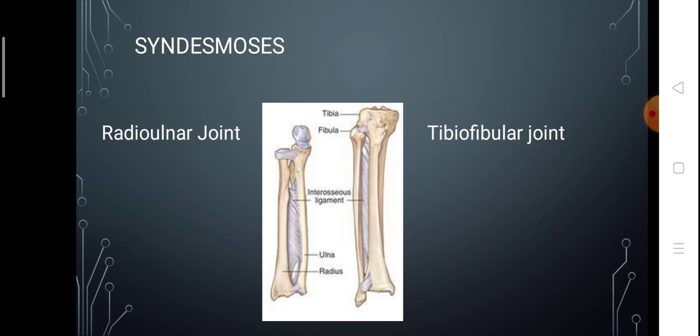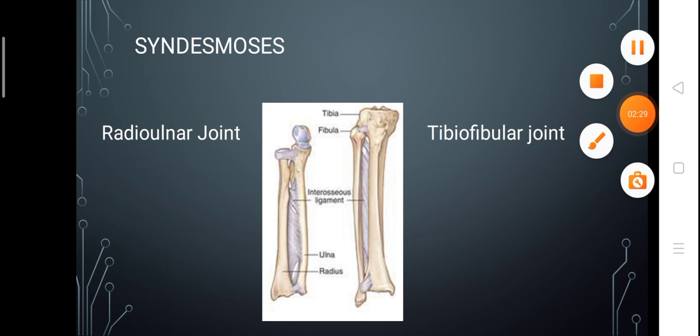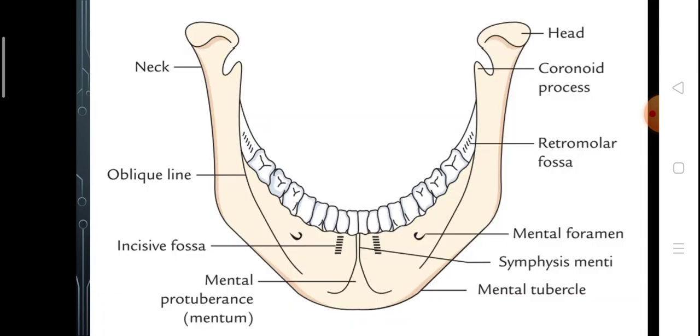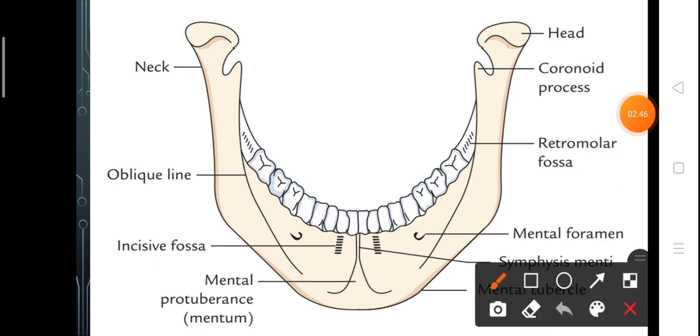Here you have examples like radioulnar joint and tibiofibular joint. Now secondary cartilaginous joint also comes under slightly movable joint. In that you have pubic symphysis, intervertebral disc and symphysis menti as the examples.